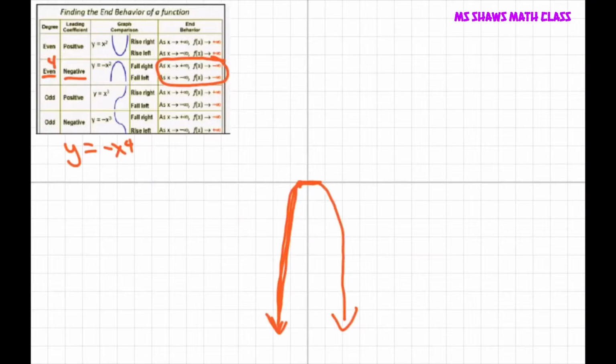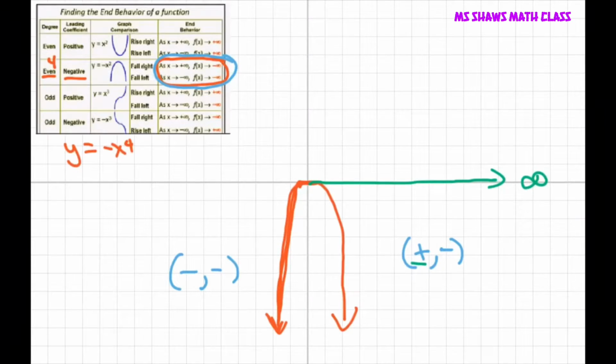So all this means is that when we graph this, we're starting in quadrant 3, which is negative, negative, and we're going to end in quadrant 4, where x is positive and y is negative. And that's what this means here. As x tends to positive infinity, our y is going down here, towards negative infinity.